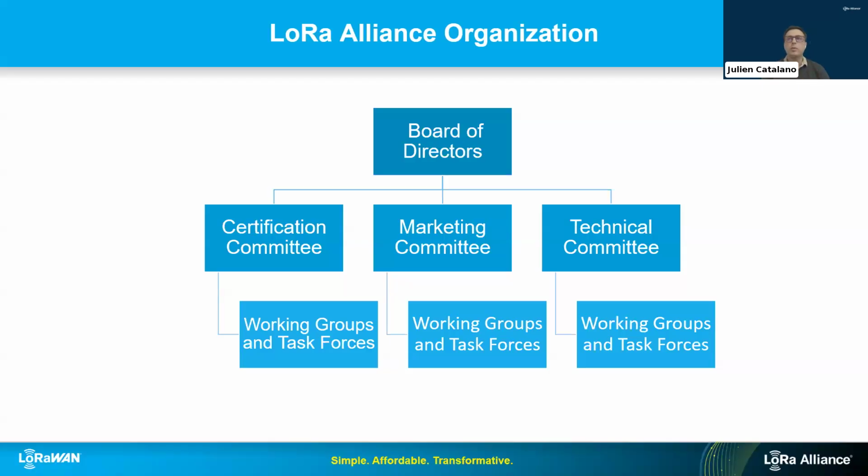We have the marketing committee working on all the promotion and active marketing of the LoRaWAN brand. And finally, we have the technical committee, of which I am the vice chair. This is where the technical work happens, where we write the specification. Each committee is divided in working groups and task forces.